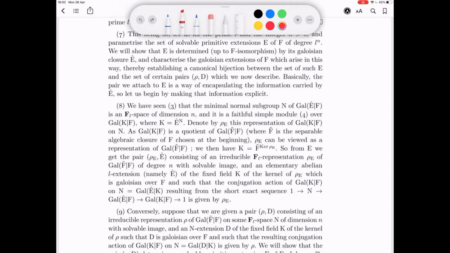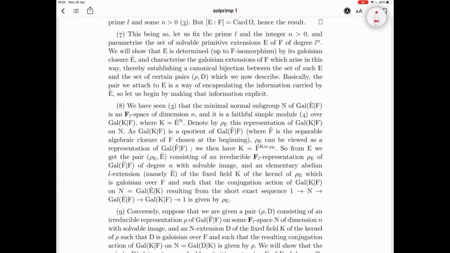So that is the next thing. We are going to classify them or parameterize them by pairs rho comma d. So that's what we describe next. What are rho comma d? So we'll do it slowly.